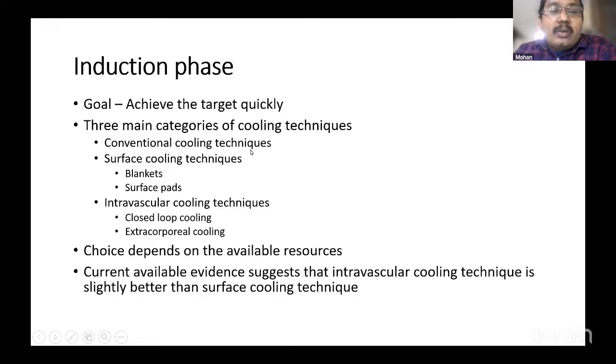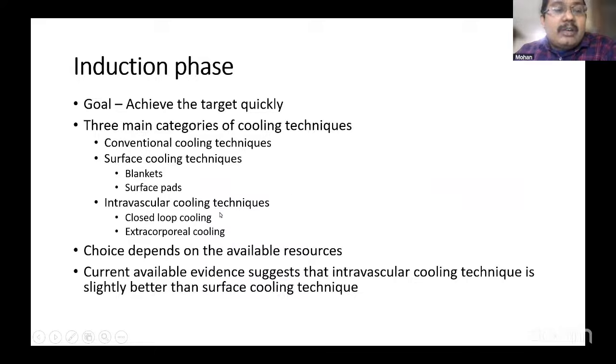One is the conventional cooling technique, where you use an ice pack or cold saline to bring on hypothermia. The better modalities are surface cooling techniques, which are blankets or surface pads. Now a modern technology has come where these surface pads are equipped with strict temperature regulation.